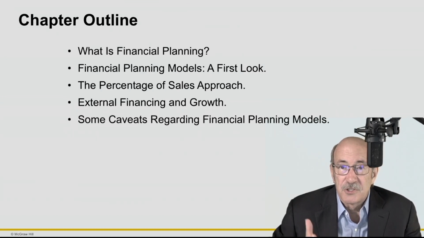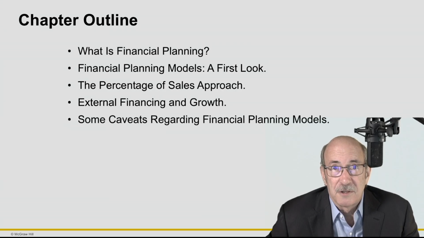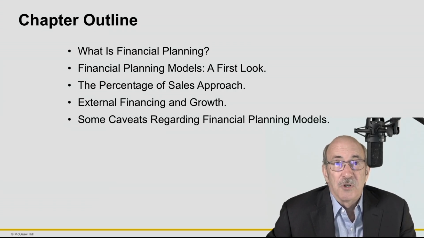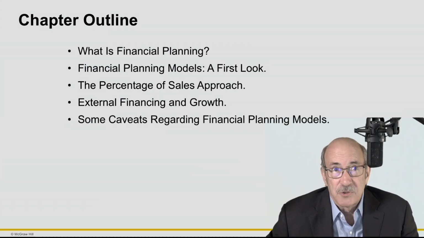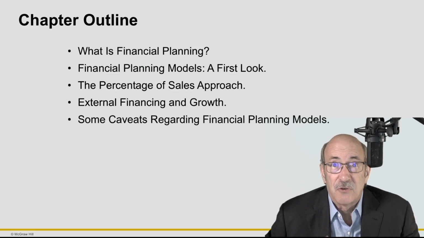Let me just touch on this so that you know where we're headed. We're going to talk a little bit about what financial planning is. We're going to look at a variety of examples using different companies. We're going to create some pro forma financial statements using the percent of sales method. It's one of the simpler methods.